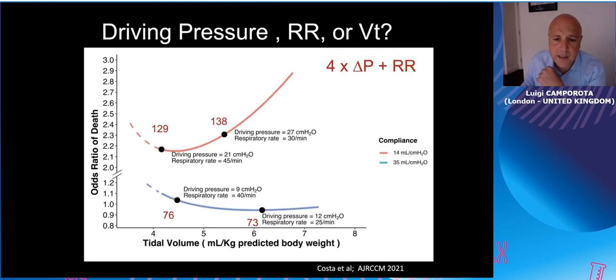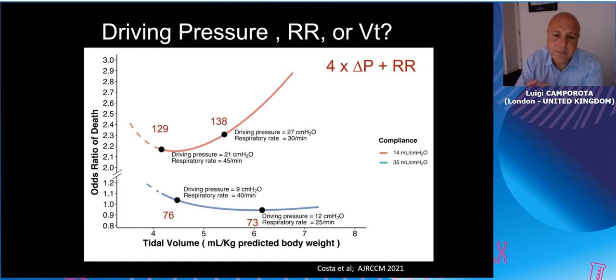And importantly, the other point here is that when we think about minute ventilation and therefore CO2 clearance, we need to decide whether we are going to increase or decrease the tidal volume and therefore the driving pressure, or whether we are going to alter the respiratory rate.